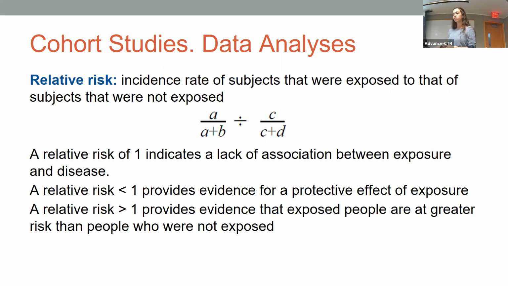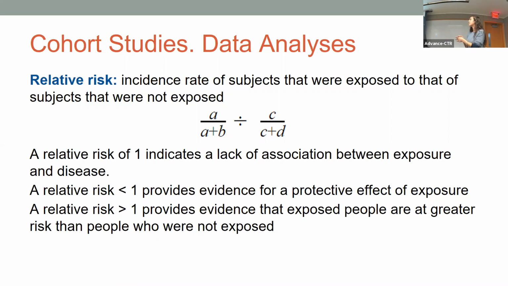So that's why the interpretation of a relative risk of 1 is that there's a lack of association between the exposure and the disease. On the other hand, let's say that the relative risk is less than 1. Then that means that the numerator, which is the incidence rate of subjects that were exposed, so A divided by A plus B, is smaller than the denominator, C divided by C plus D. What that's saying is that the incidence rate of subjects that were exposed is smaller than the incidence rate of subjects that were not exposed.